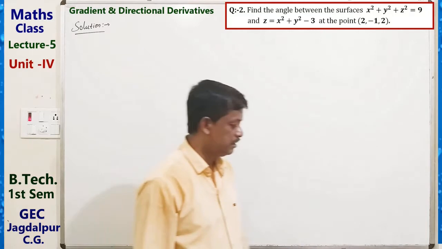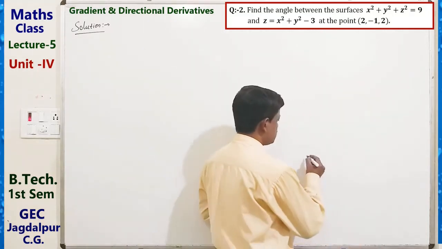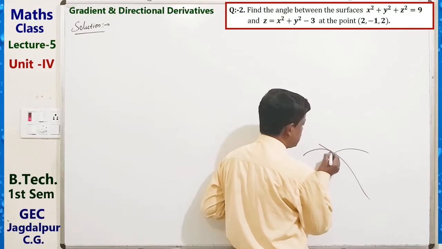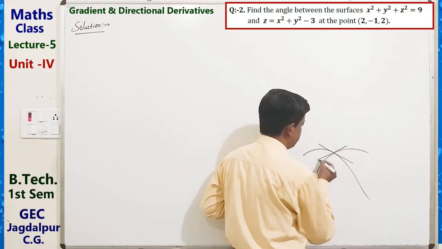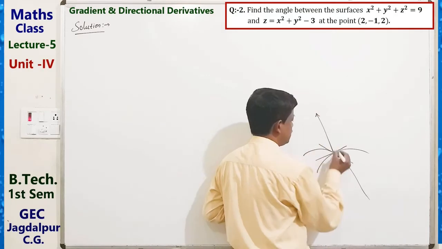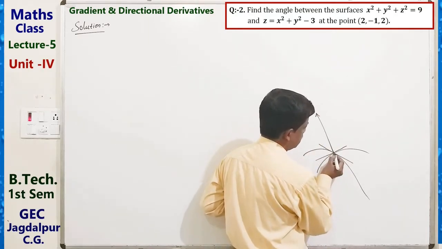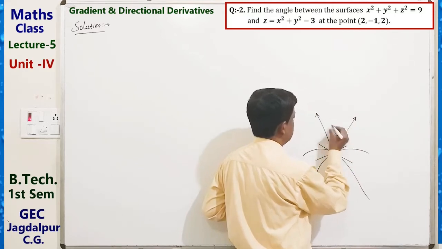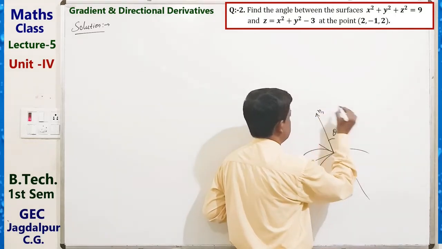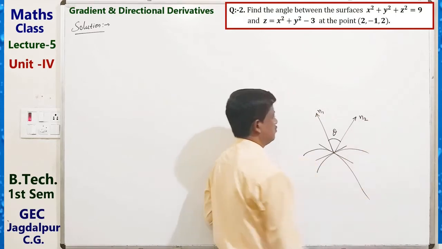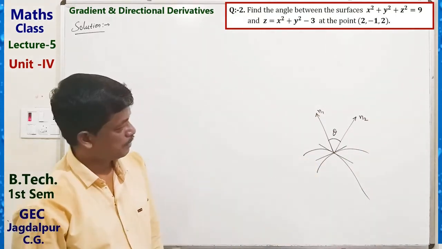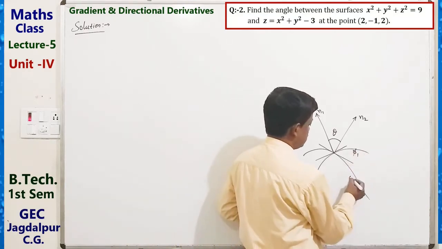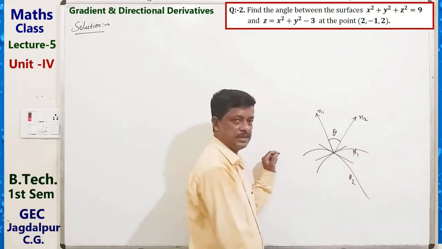So here, suppose this is a curve, this is a curve, at this point this is a tangent line, this is a tangent line. Here the perpendicular line is this, here the perpendicular line is this. So this is the angle between N1 and N2. Clear? Here this is φ1, this φ2, the surfaces intersect here.